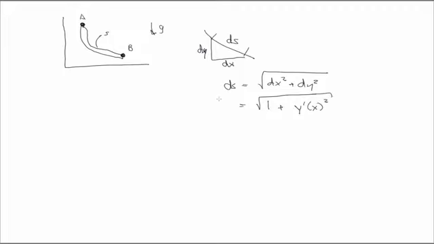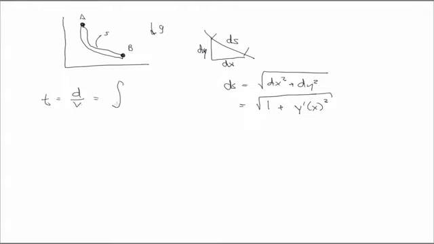Okay. And so this is just an approximation to our path ds. And we can show that the time it takes is equal to, heuristically, the distance traveled over the velocity. Okay?